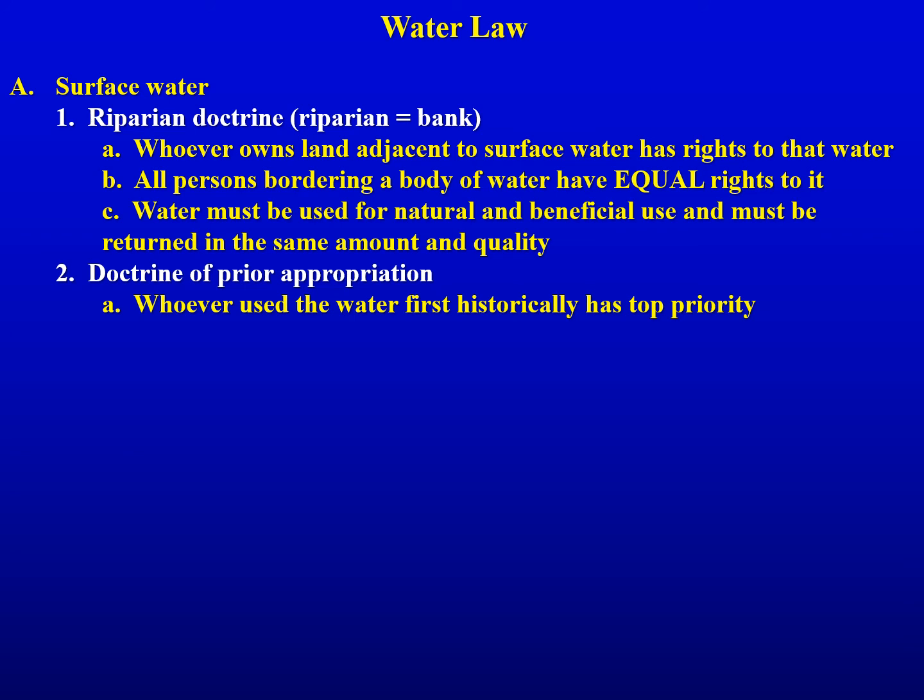It's whoever used the water first historically has top priority, which is actually a bunch of BS, because who actually used water in the Western US first? Yeah, the indigenous people, Native Americans.